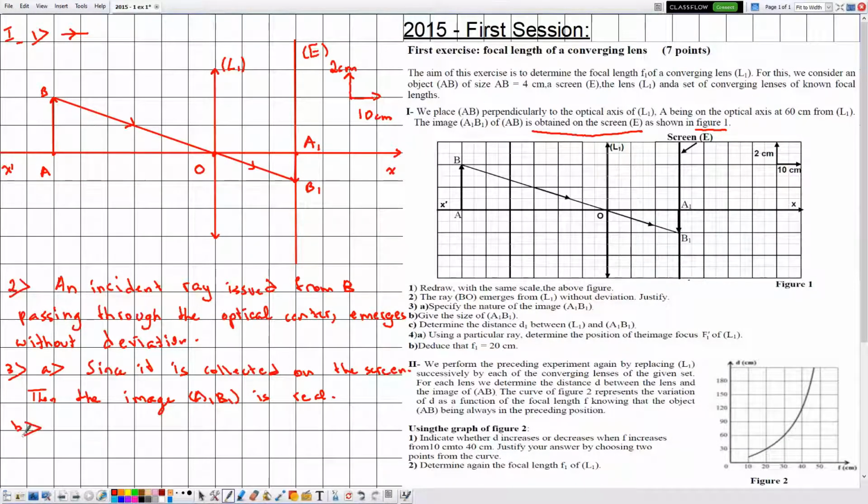And now in part B they are telling me to give the size of A1B1. So in other words, we need to determine graphically the size of the image.